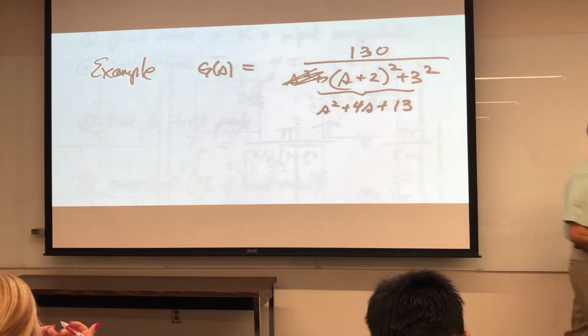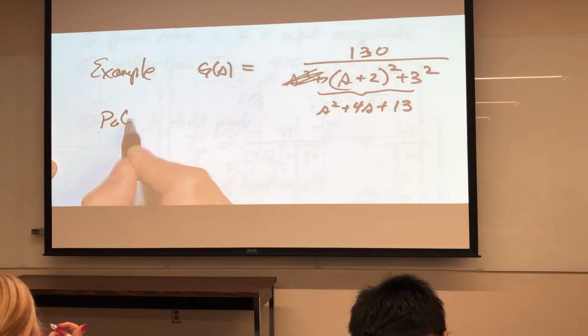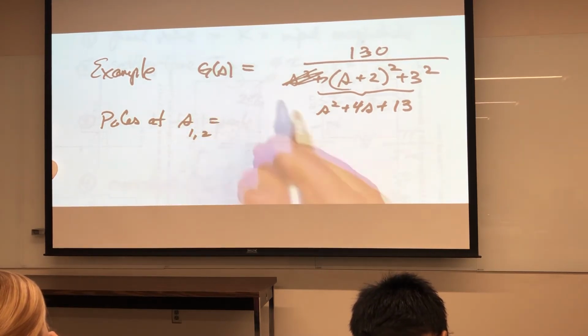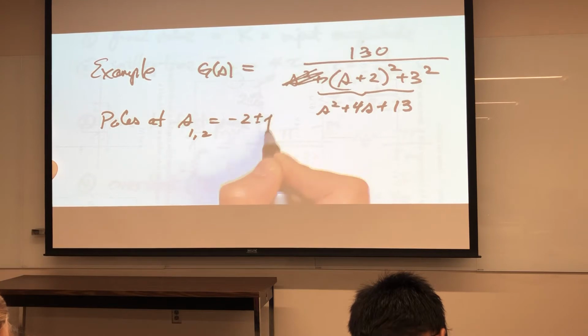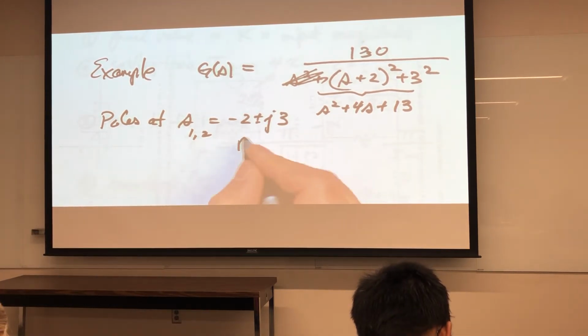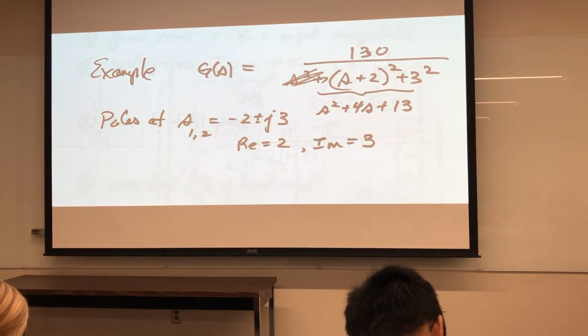You should be able to see that and immediately recognize the poles are at s1 and s2, the complex conjugates -2 plus or minus j3, from which we get that the real part is equal to 2 and the imaginary part is equal to 3.